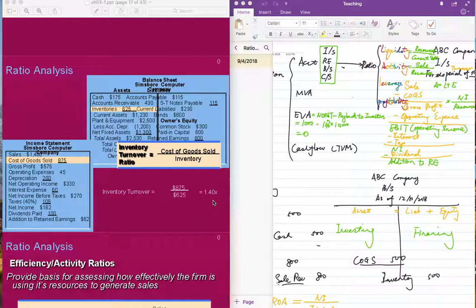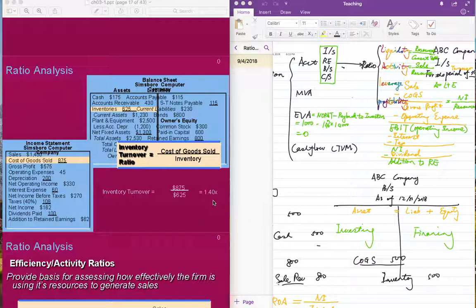So this is the record for Samsparrow Computer. And you may ask, is this too slow? Is that efficient if they only sell the inventory 1.4 times in a year? Again, as I said, you cannot isolate and just pick up on one number to make a conclusion. You need to compare with the industry par.